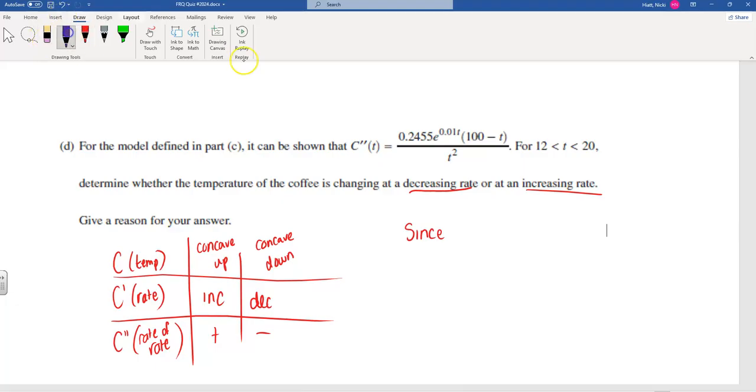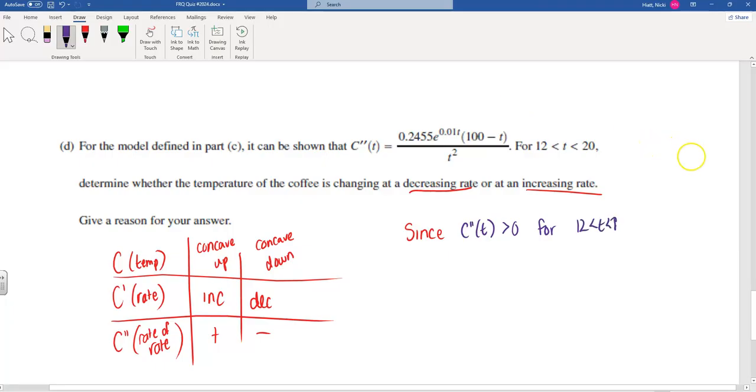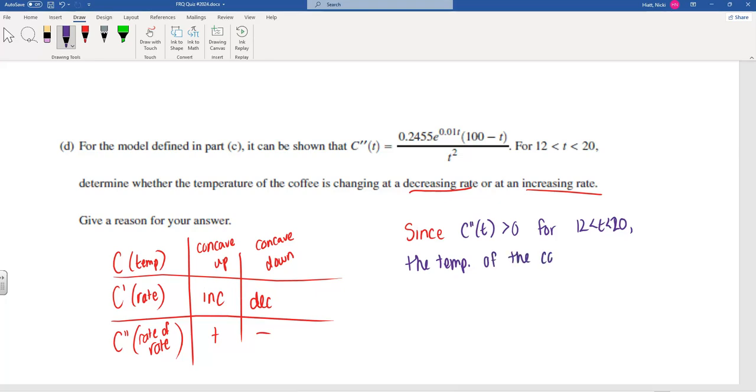Since C double prime of T is greater than 0 for 12 less than T less than 20, the temperature of the coffee is changing at an increasing rate.